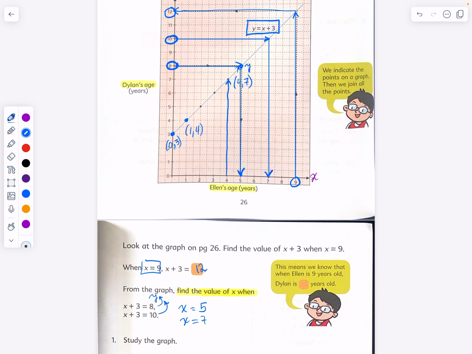This is an example of how we can use a graph to solve an equation, or solve for x graphically. We solve for x using the graph.